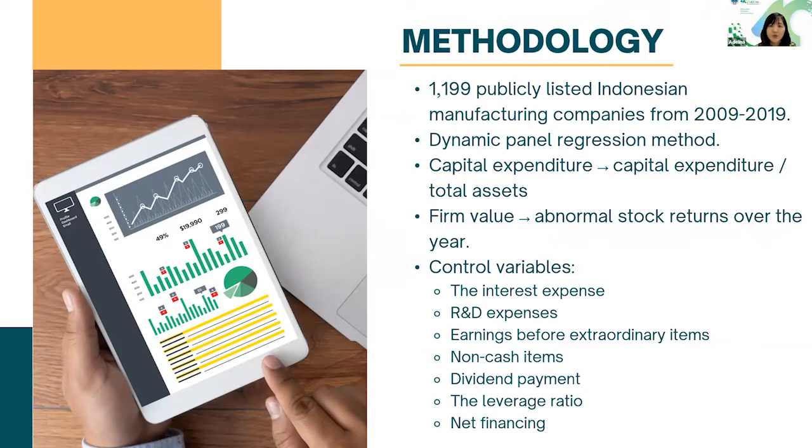For firm value, we calculate the abnormal stock returns of the year. And in addition to capital expenditure, firm value, and financial statement comparability, we also include other control variables, which are the interest expense, R&D expenses, earnings before extraordinary items, non-cash items, dividend payment, the leverage ratio, as well as the net financing.